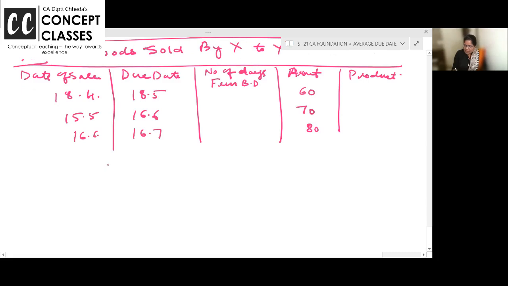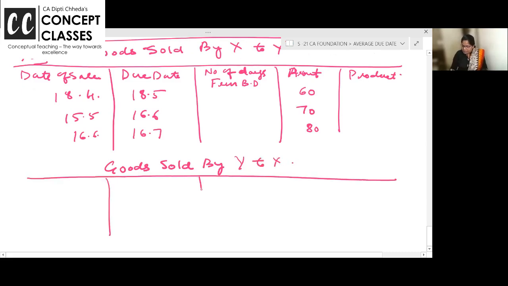So after this, make another table. Goods sold by Y to X, and the same number of columns. Date of sale, due date, number of days, amount.